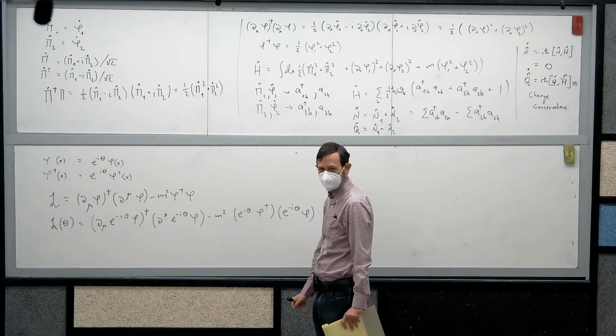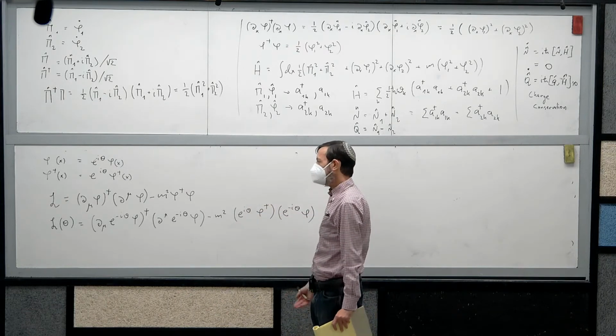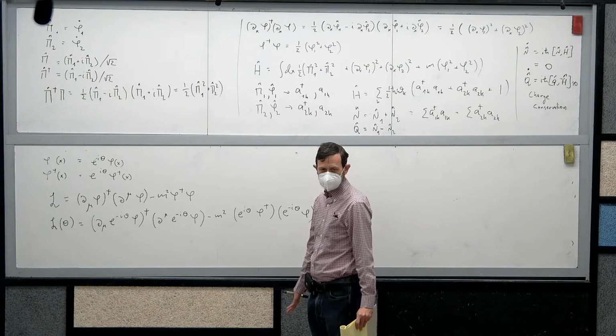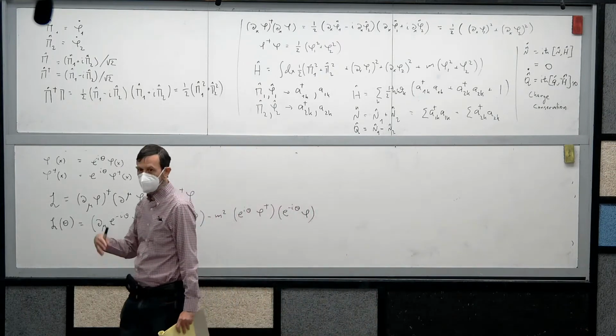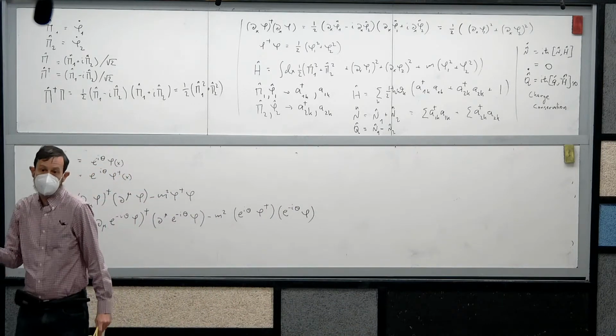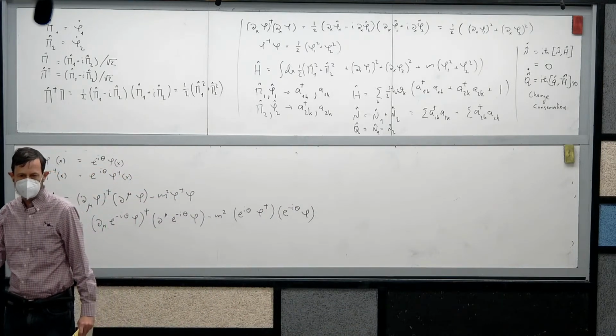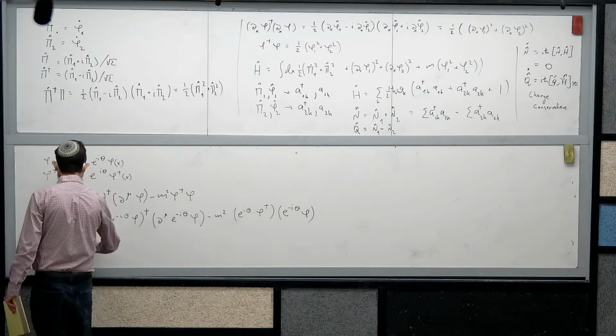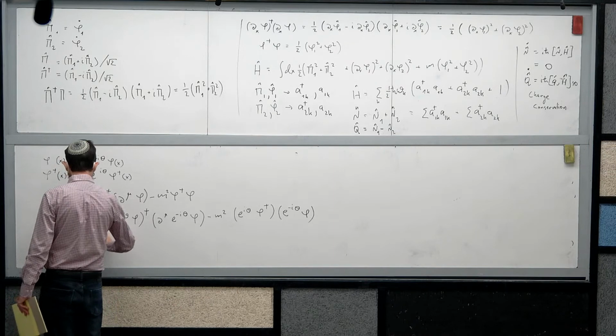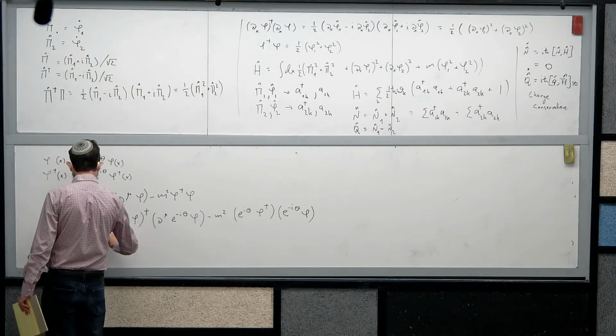Okay, and this is as trivial as can be, because e to the power i theta or minus i theta is just a constant. The derivatives don't play any role here. And I end up with the same result that I had previously.